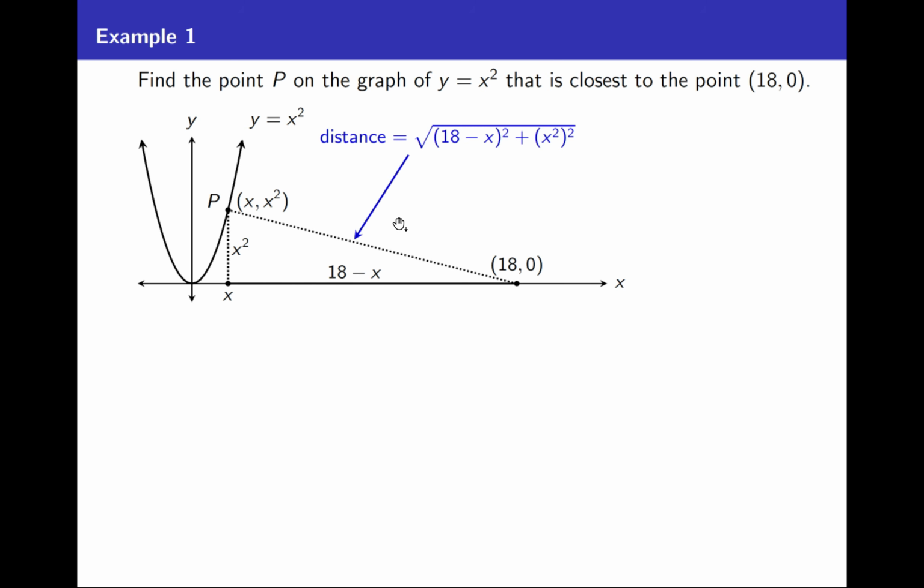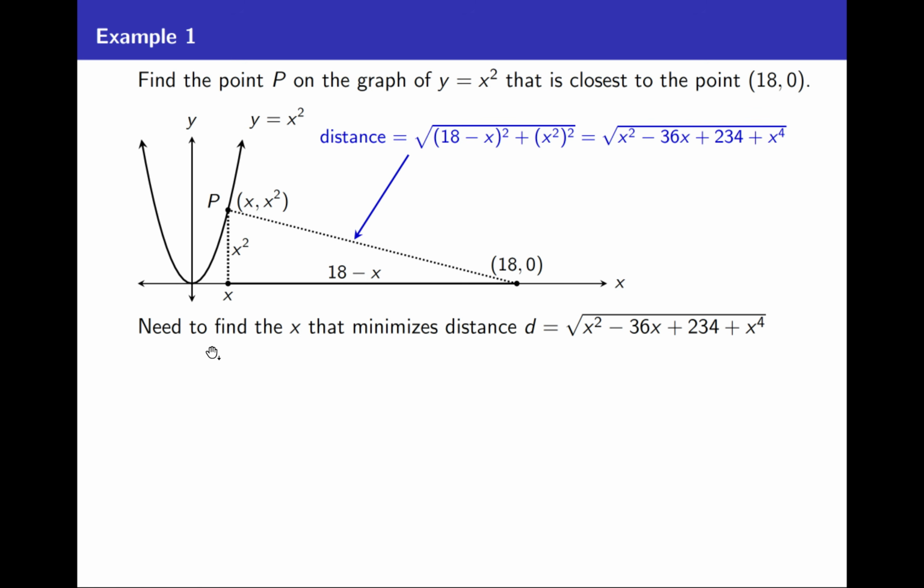And doing that, we would get that this distance is the square root of (18 minus x) squared plus (x squared) squared, just by the Pythagorean theorem. And foiling out the (18 minus x) squared, that's x squared minus 36x plus 324, plus the (x squared) squared is plus an x to the fourth.